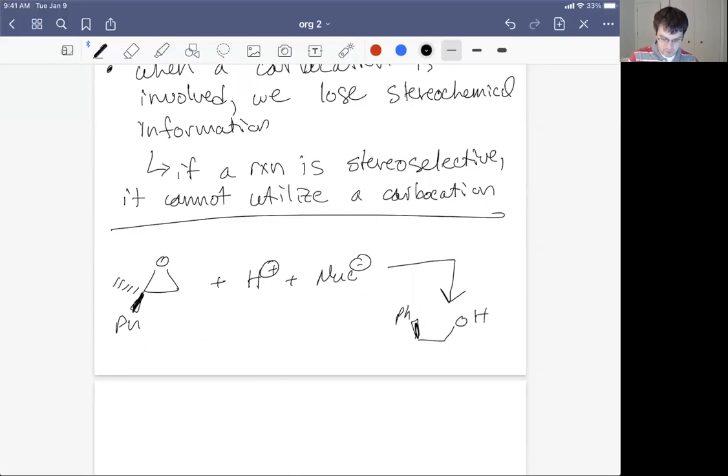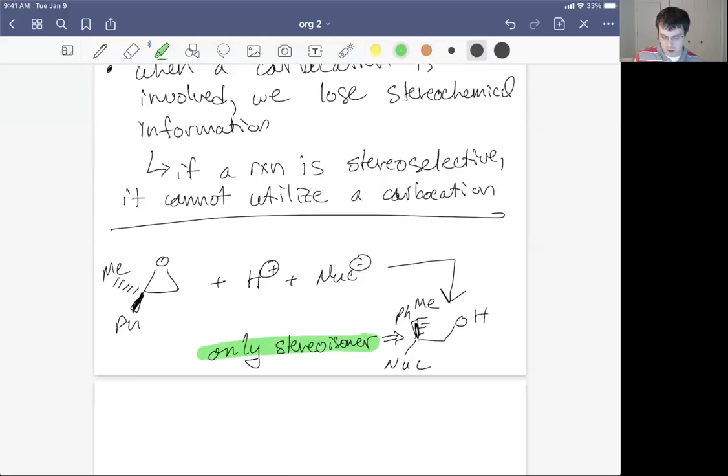We get a product where the phenyl is a wedge, the methyl is a dash, and then the nucleophile is a planar line, along with the carbon-carbon bond going to the oxygen that was once part of the epoxide. So this is our only stereoisomer that's formed. And if we only have one stereoisomer, I just have to emphasize this again, we don't involve a cationic intermediate.